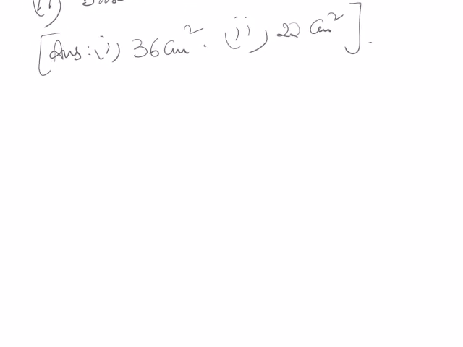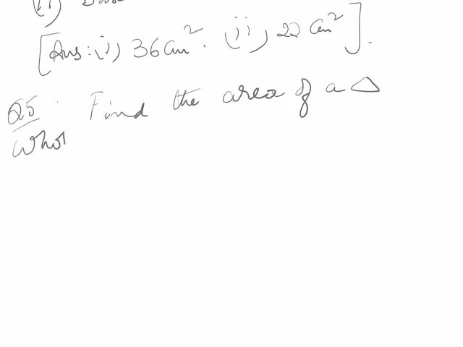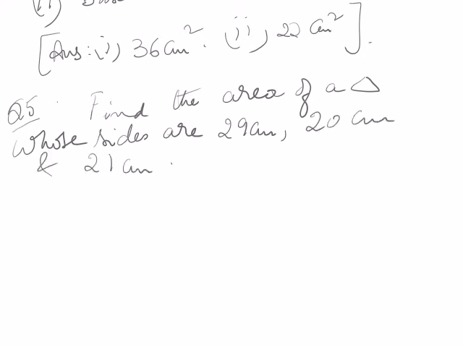So, find the area of a triangle whose sides are 29 centimeter, 20 centimeter and 21 centimeter.